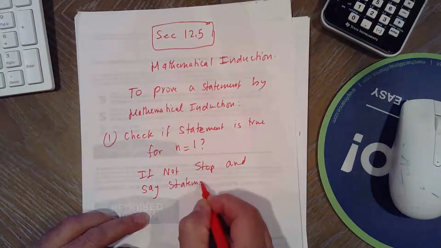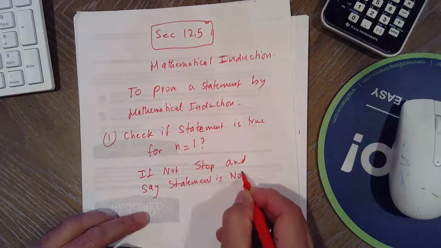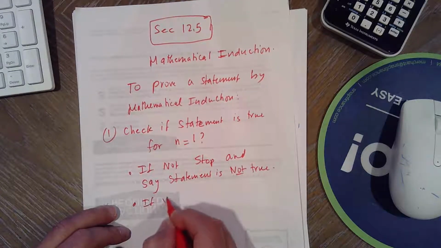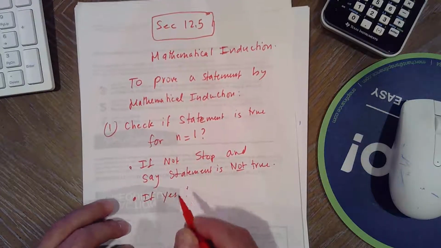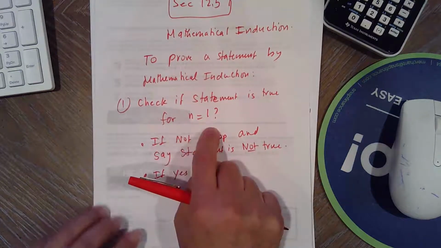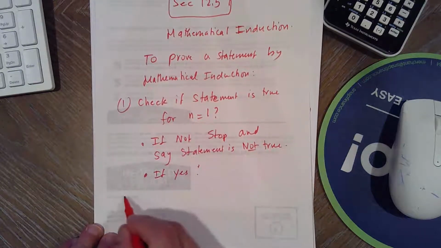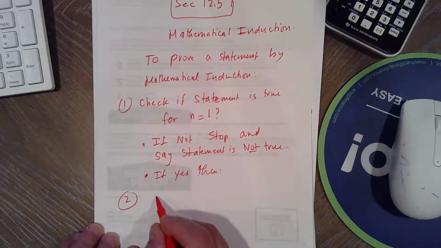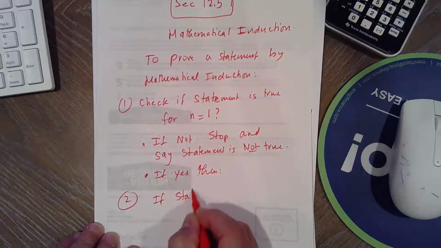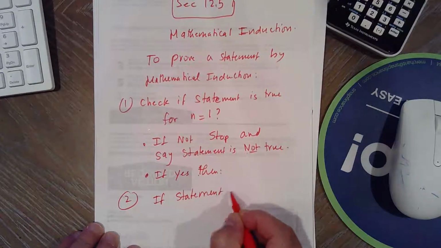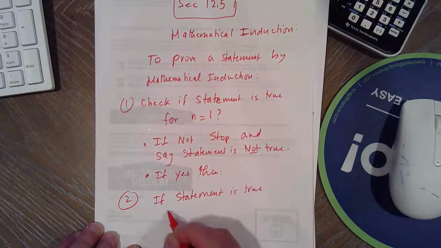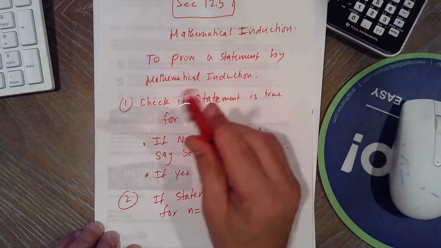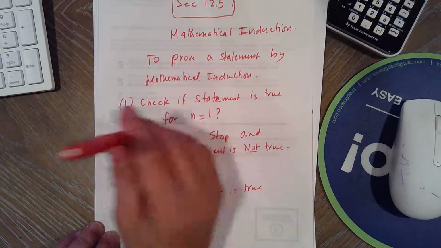Statement is not true, and that's it. If yes, if you can push the first pen, if n is 1, it's true. Then if the statement is true for n equals k, the second pen will push the third pen, the third pen will push the fourth pen.